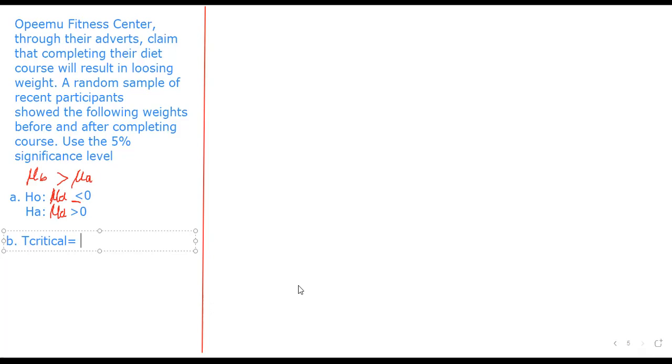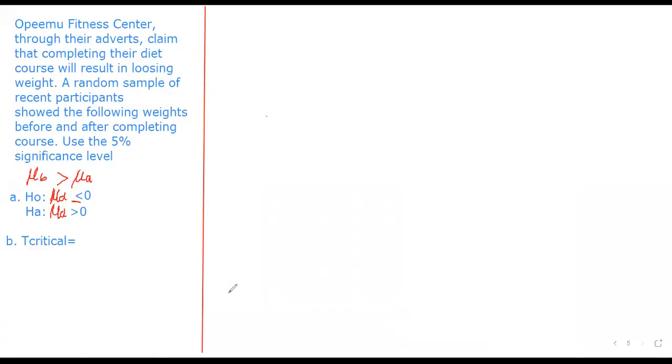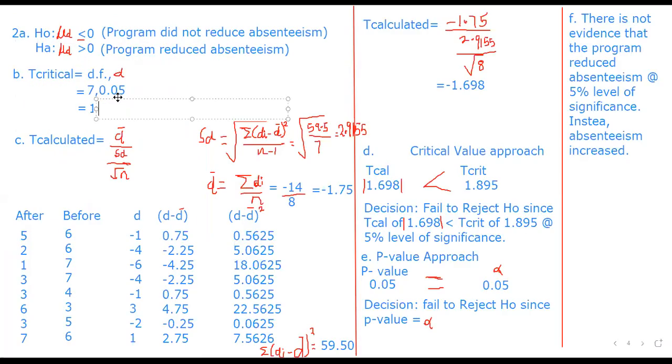Counting 1, 2, 3, 4, 5, 6, 7, 8, so they are 8. 8 minus 1 gives us 7, and the level of significance was 0.05. This is the same as the previous one we did. 7 and 0.05, so that is 1.895.